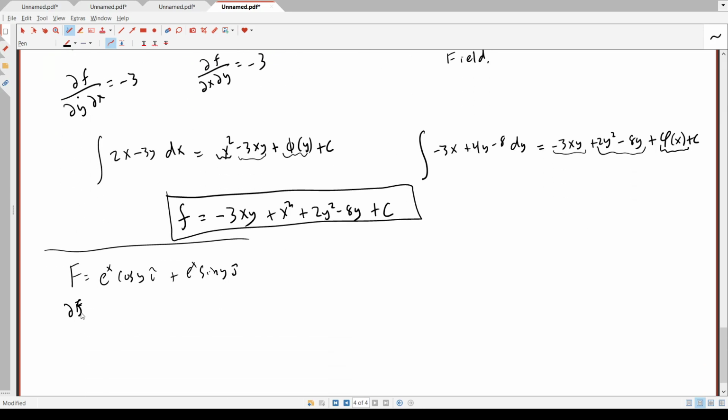Okay, so df/dx is going to be this first component, right? We're assuming that this is equal to the gradient of something. So this is going to be e to the x cosine y, and df/dy is e to the x sine y. So now if I do the y derivative of this, the derivative of cosine is negative sine.